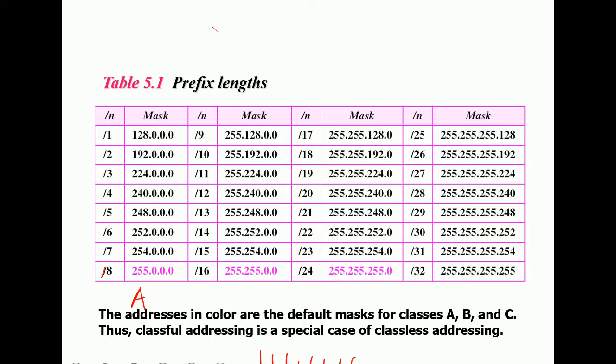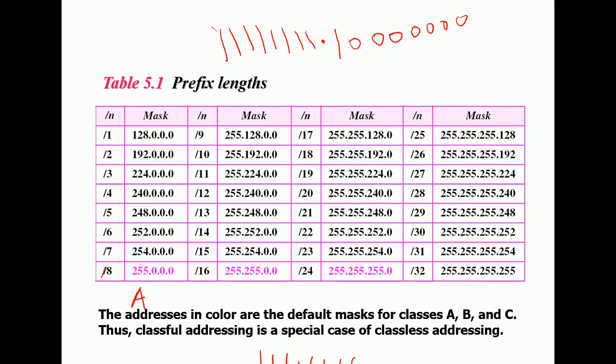Because in case of 9, the first 8 bits of the first octet become 1, right? And then the first bit becomes 1 and the rest will be 0.